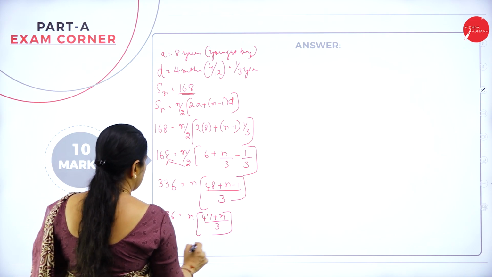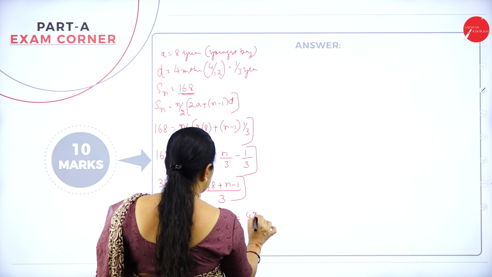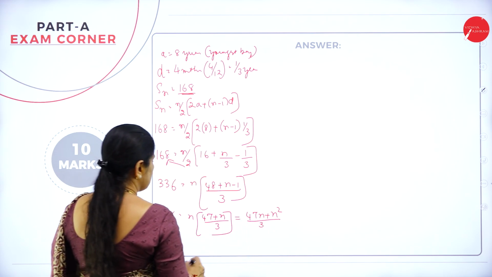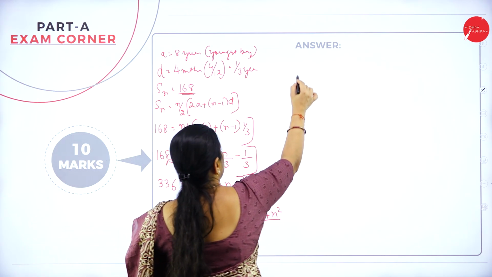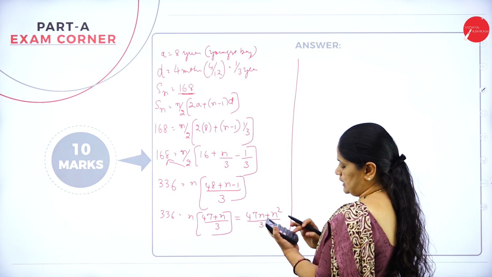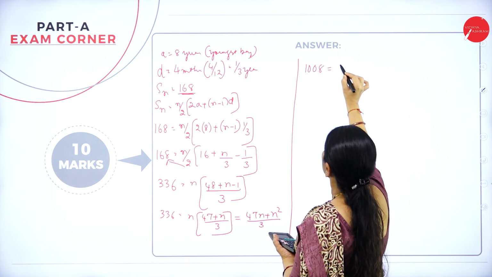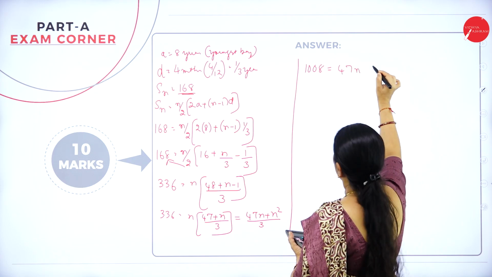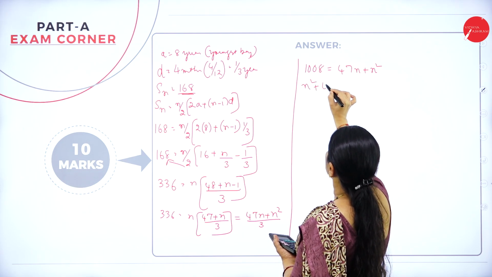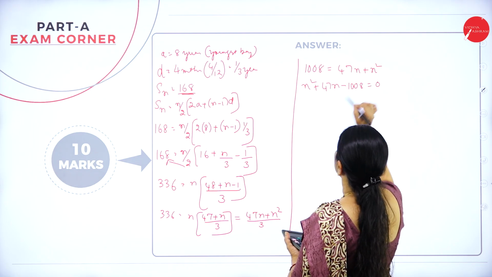So this is 47n plus n square divided by 3. I cross multiply again: 336 into 3 is 1008 equals 47n plus n square, or I can rewrite it as n square plus 47n minus 1008 equals 0.